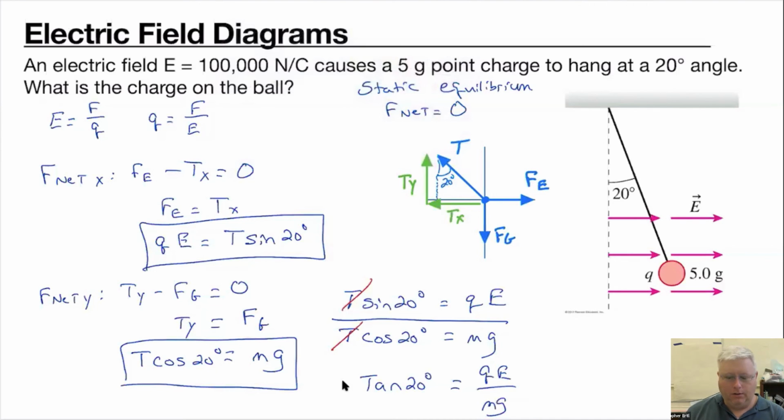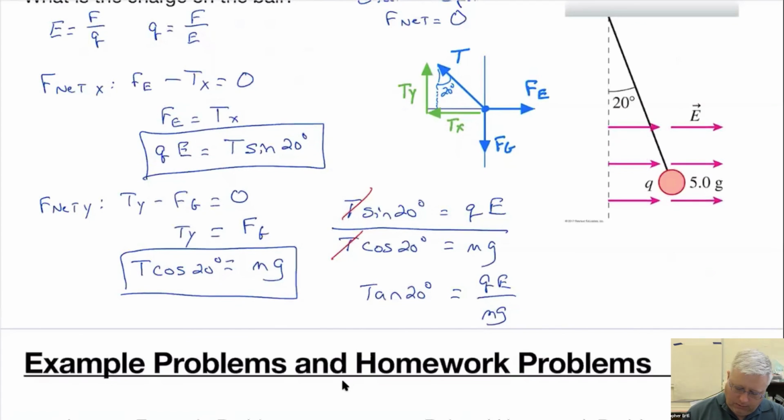So essentially then, we want to know Q, so solving for Q, it's mass, gravity, tangent 20 degrees, all over the electric field. Now we know all these quantities.